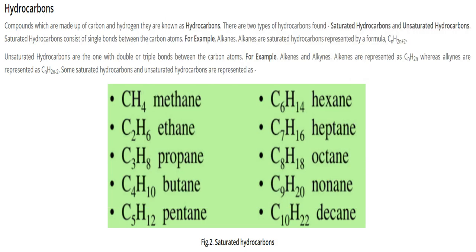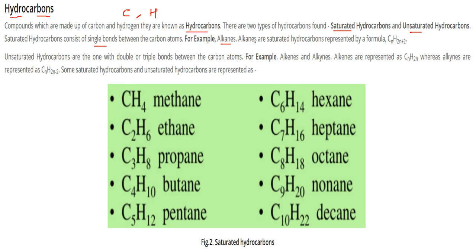Hydrocarbons. The name suggests hydrogen and carbon. So compounds which are made up of carbon and hydrogen are known as hydrocarbons. There are 2 types of hydrocarbons: saturated hydrocarbons and unsaturated hydrocarbons. Saturated hydrocarbons have single bonds between carbon atoms, like the alkanes.